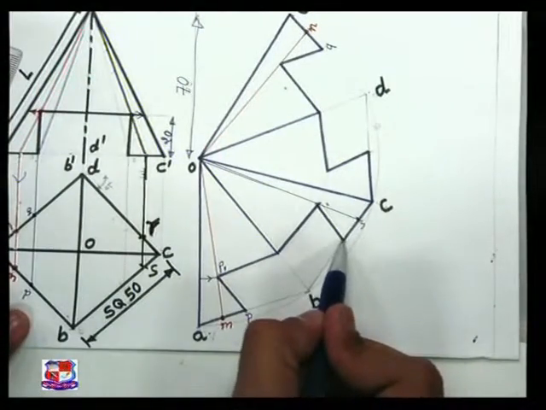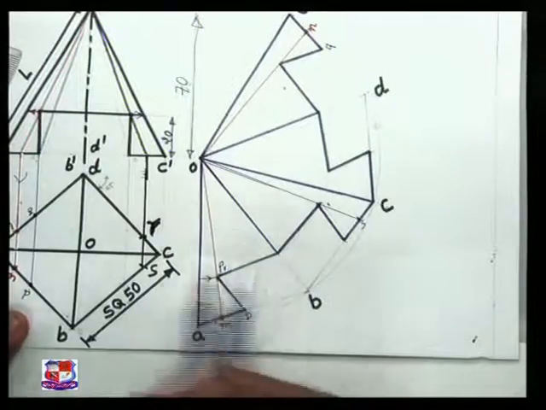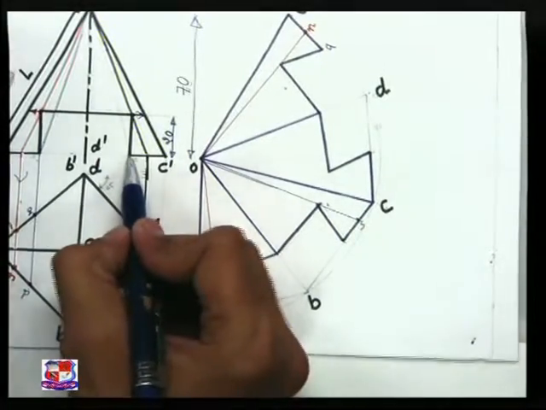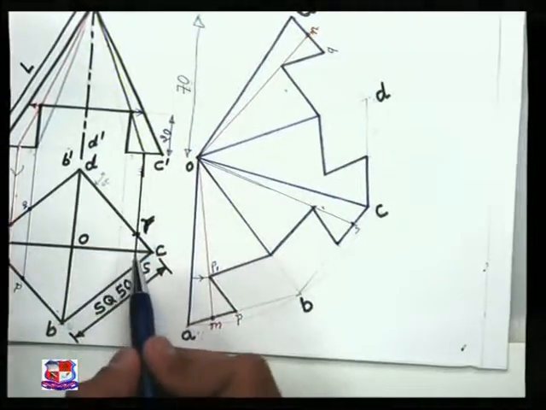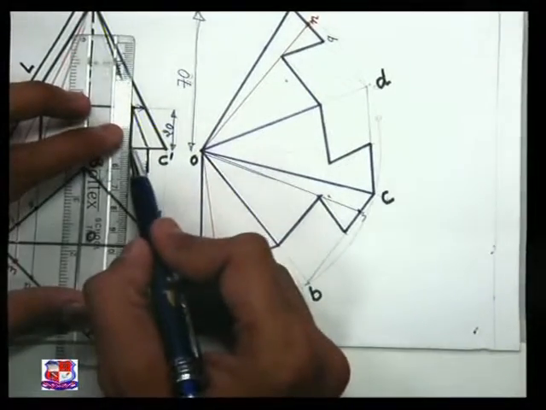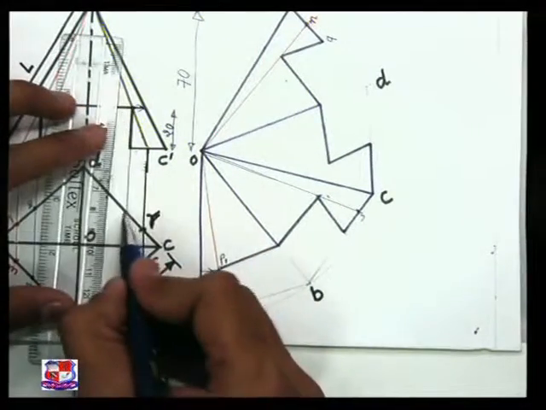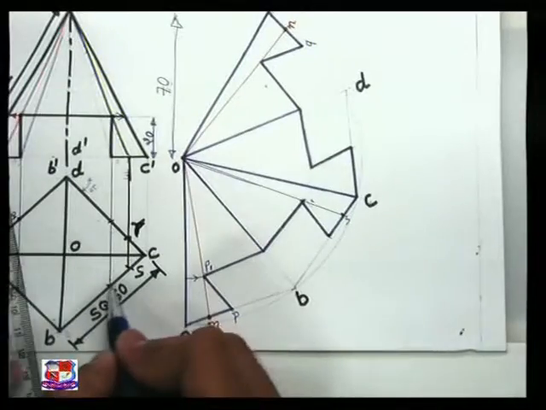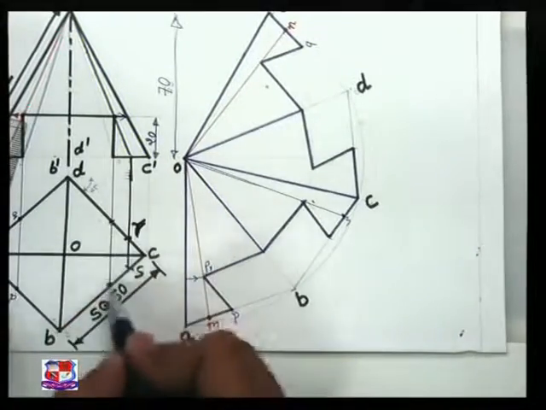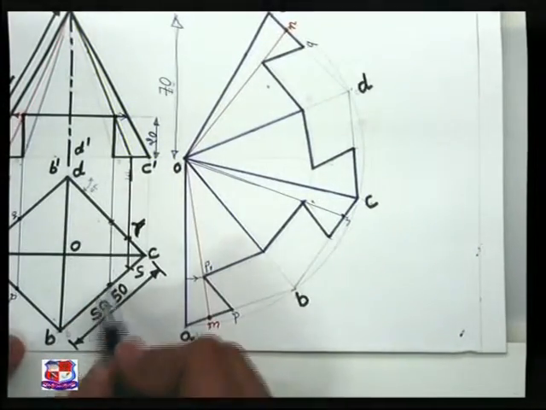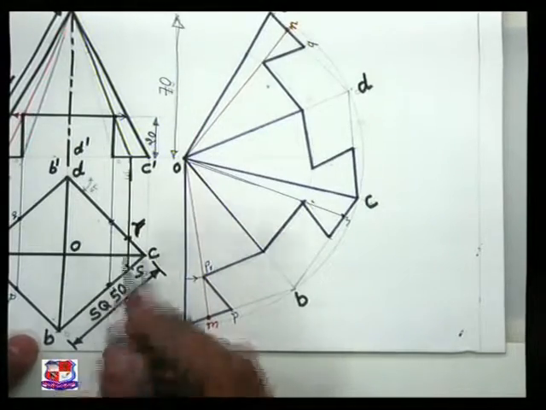To find out the position of this point, what should we do? For that, pick up this point. From this point, draw a vertical line that will cut the square at 2 points. One over here, another over here. Measure the distance of these 2 points on BC. This point on BC, B to this point as a distance.